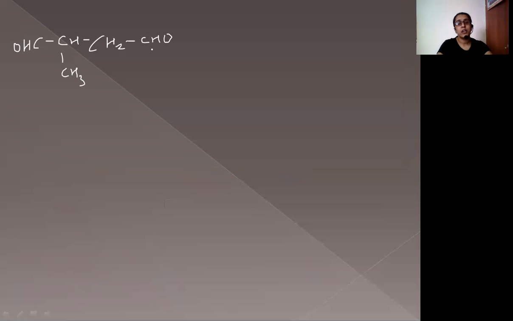So in this there are two aldehyde groups, right? Now numbering should start from that end which is nearer to the substituent, or your locant should get the lowest number. If you number it from this end, the locant will get number 3, and if you number it from this end, 1, 2, 3 and 4, the locant gets the lowest number, so we'll number it from this end.